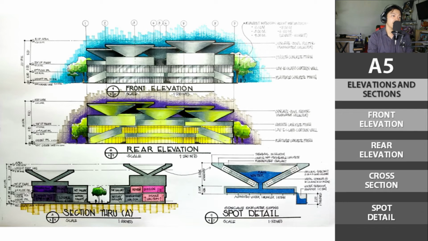The neo-brutalistic approach of the building is what makes it green already. It is already a green building method to just use materials or finishes as is. For example, I use some concrete finish, some low E glass curtain wall, another green building method, and plastered concrete finish.